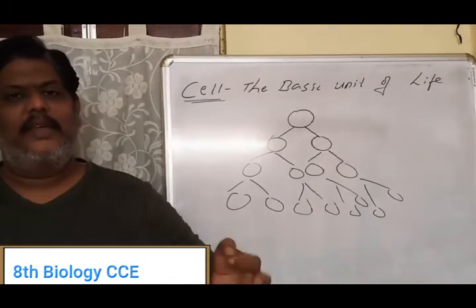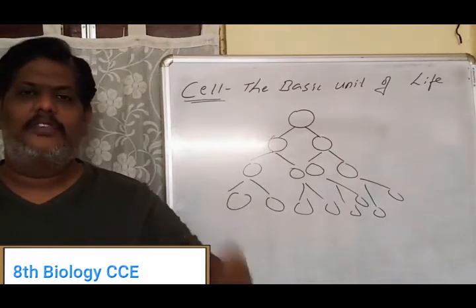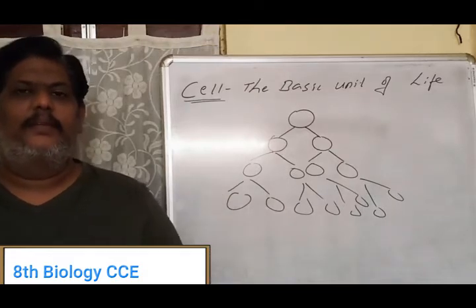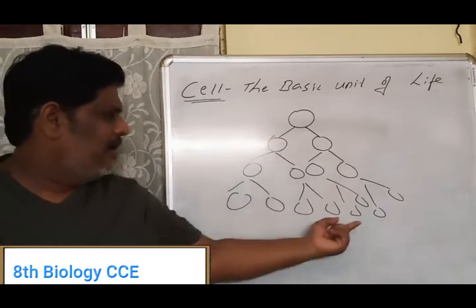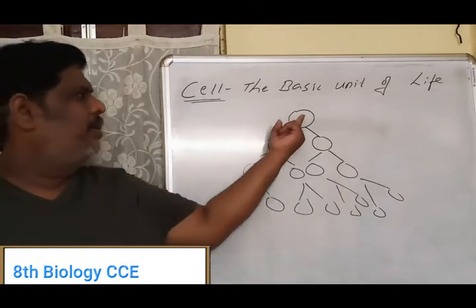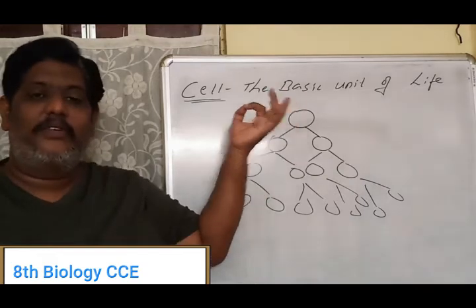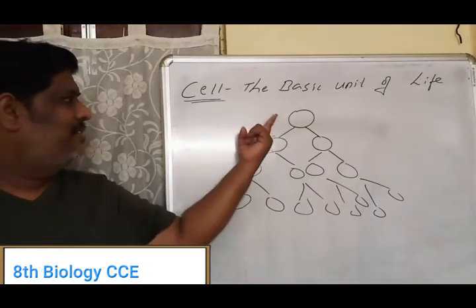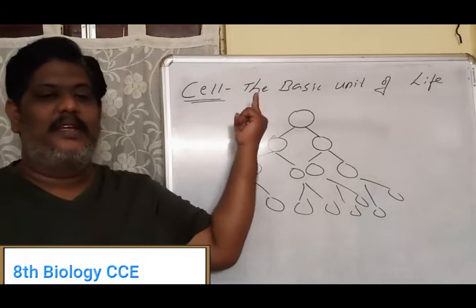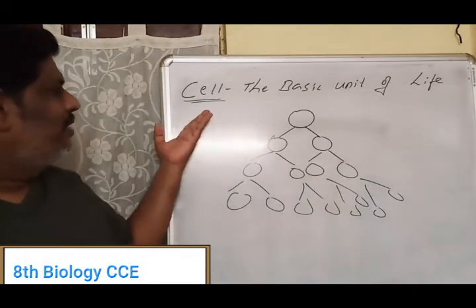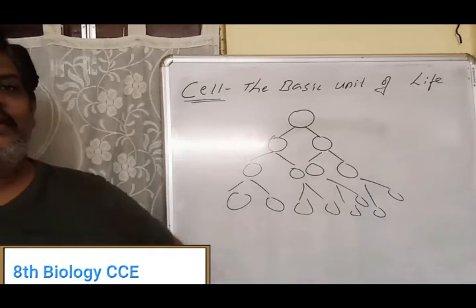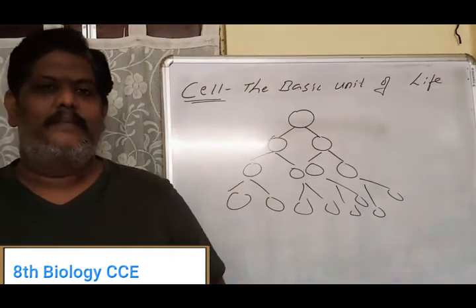It is the same with the different organisms which are living on the earth. Is it clear, children? So now an organism is formed only because of a single cell, or you can say from the single cell, and that's the reason why we are calling the cell the basic unit of our life.